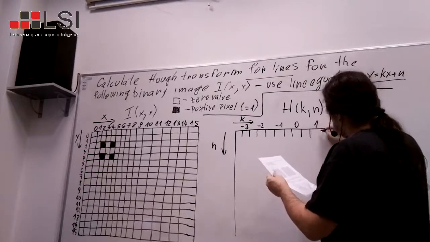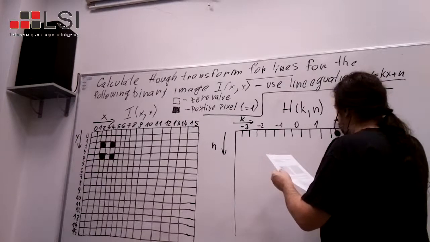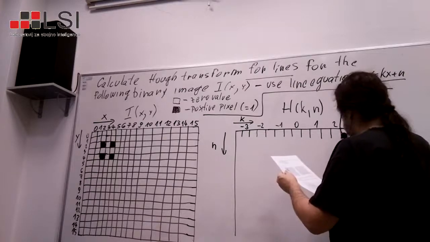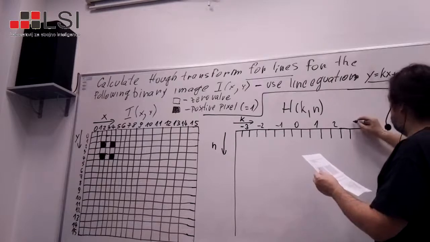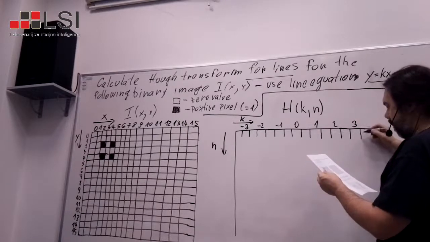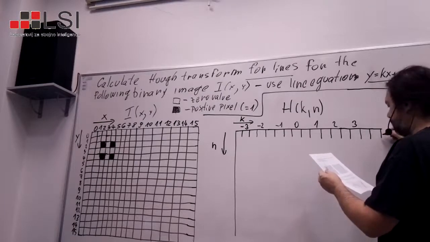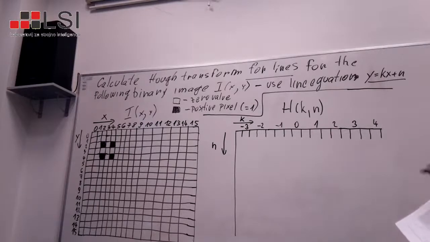So 1, another empty row, 2. Okay. 3. Empty column, sorry. This is now 4, and this is the end of the accumulator. Okay. So we will draw it like this.